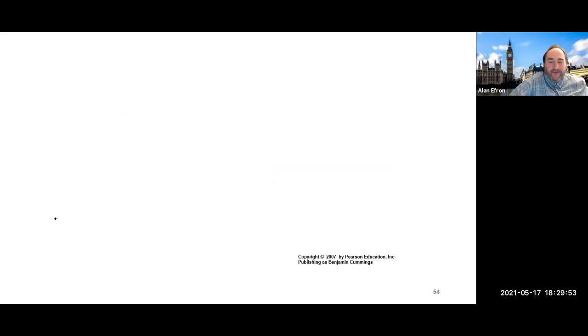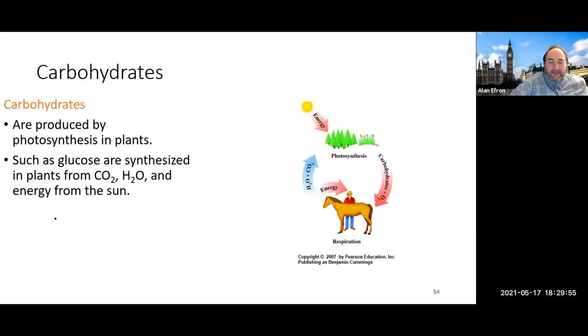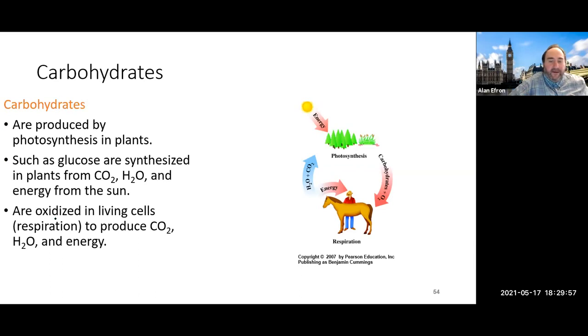How do we produce carbohydrates? They are produced by photosynthesis in plants. Basically, there are a couple of reactions in photosynthesis. There's a light reaction, which involves some electrons being transported and creates some energy, which goes into the carbon fixation cycle, with CO2 coming in from the air.